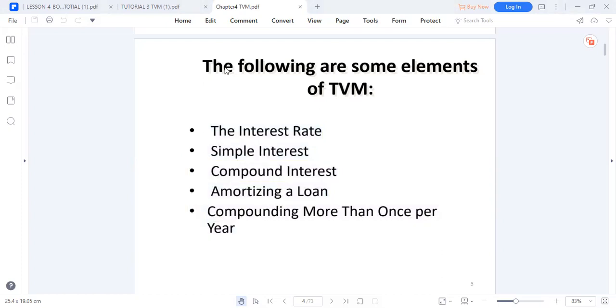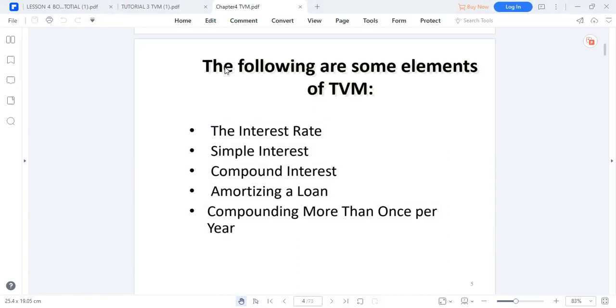So from your own basic definition, what do you think interest is? Or what an interest rate is?